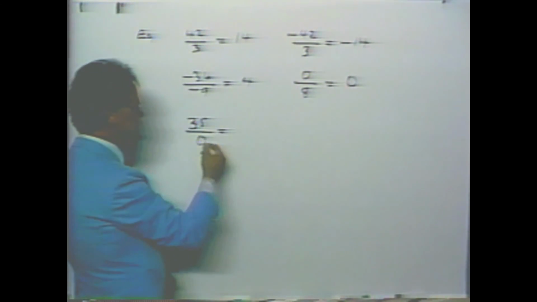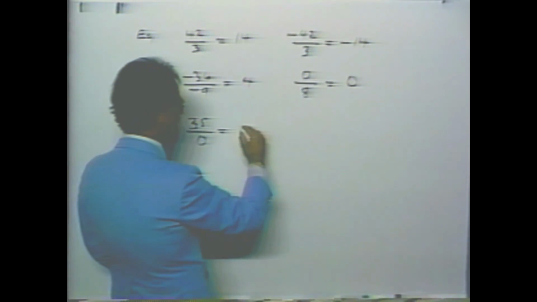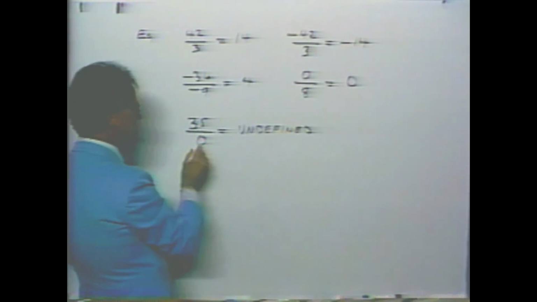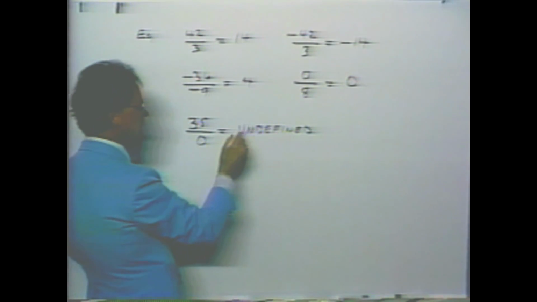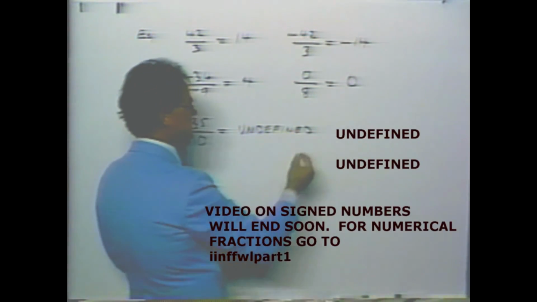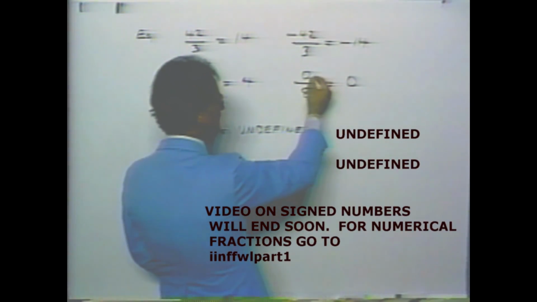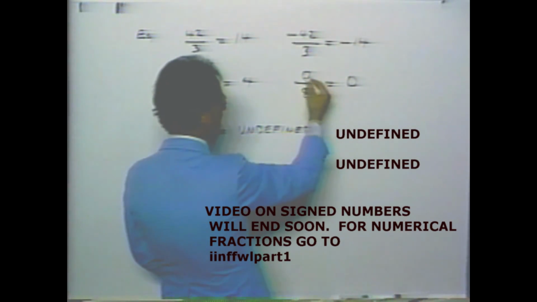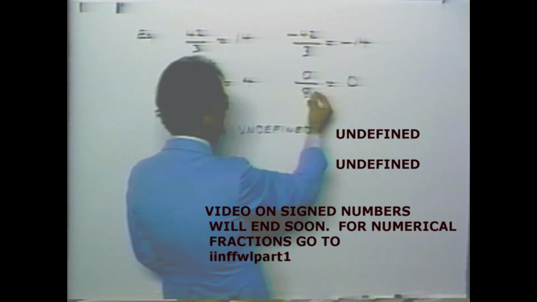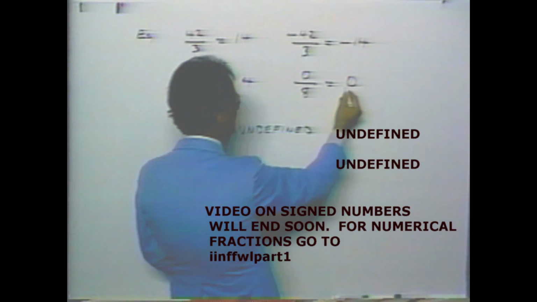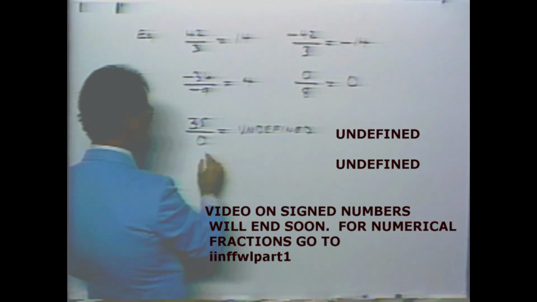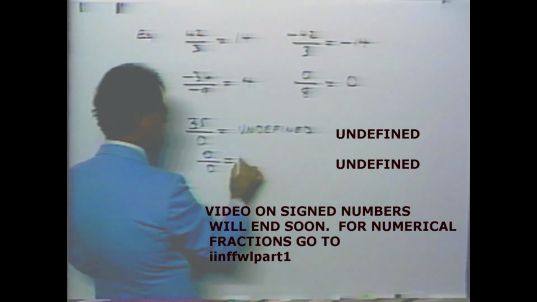We simply refer to this quantity as undefined. Division by 0 is undefined. But 0 in the numerator, or in this part of the problem, divided by a number is 0. Similarly, 0 divided by 0 is undefined.